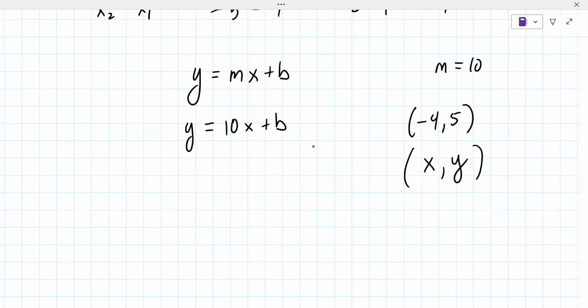In the y position, what goes in the y position? Are you seeing my screen? Yeah, I'm trying to think. Is it 4, -4? Isn't x underneath -4?